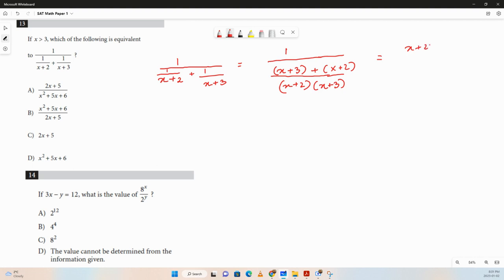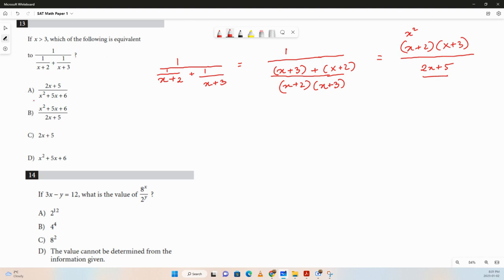So we have x plus 2 times x plus 3, and in the denominator we have 2x plus 5. In the numerator we'll have a quadratic equation, which will have x power 2. The reason I'm not multiplying it is we don't need to, because we will also use the options as a way to find the answer, right?